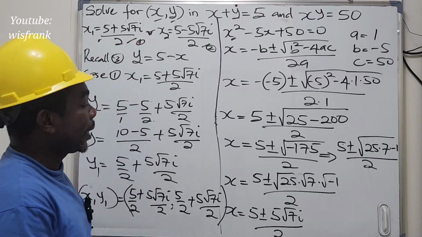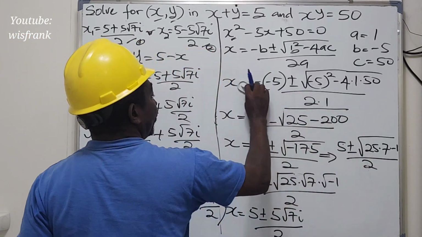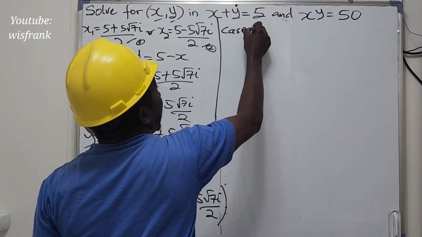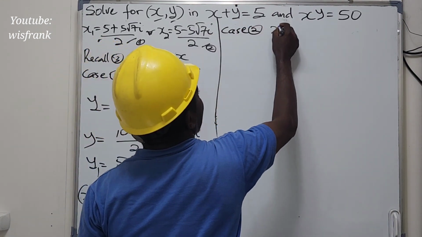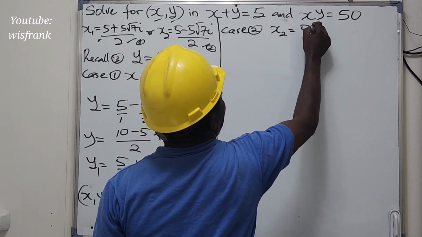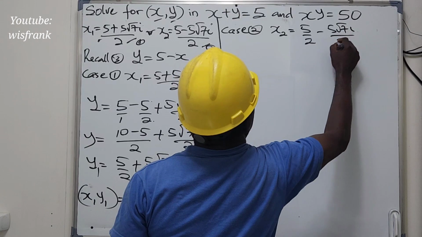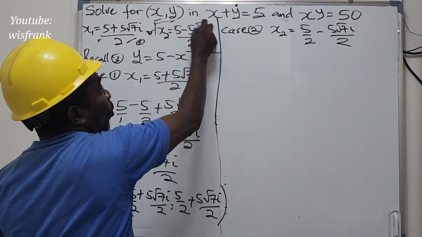Then we are going to look at case 2 to find the values from that case. So we are having case 2 here, where our x2 equals 5 all over 2 minus 5 root 7i all over 2. This is the one we are working with.